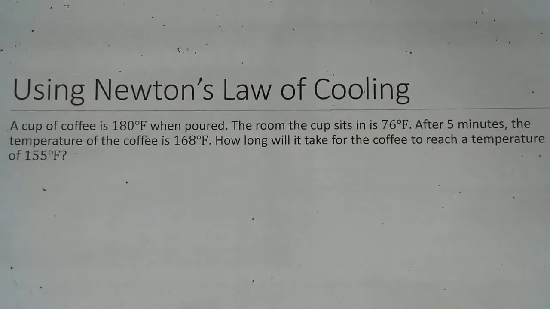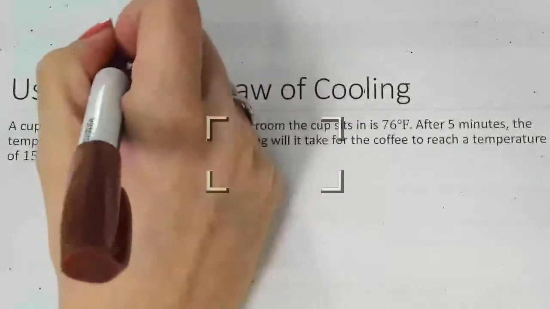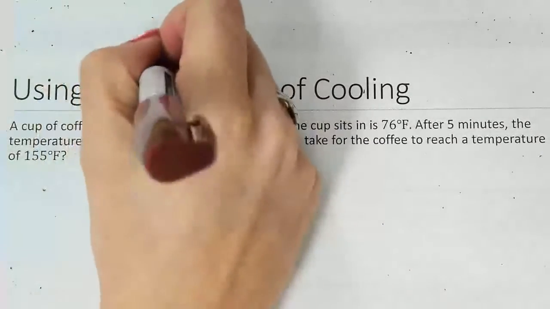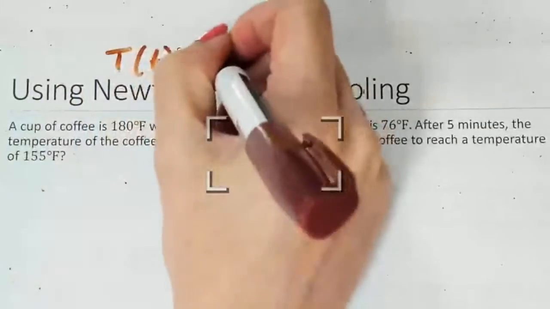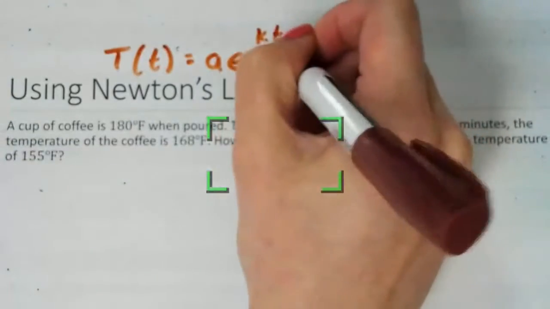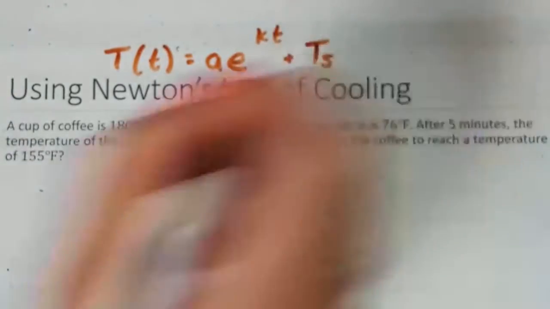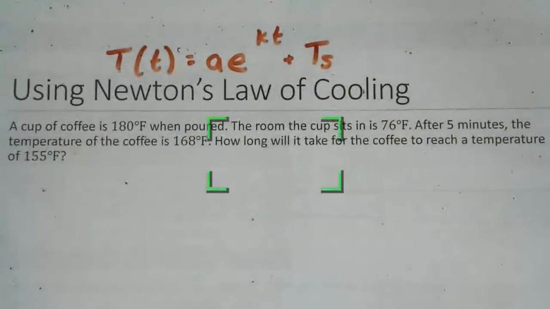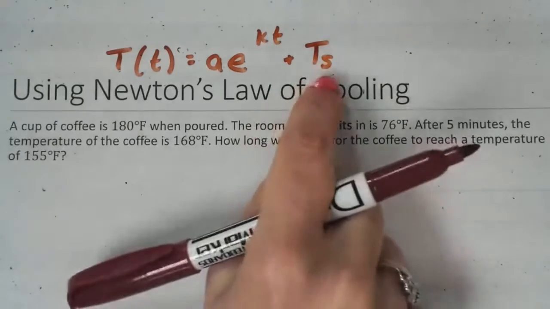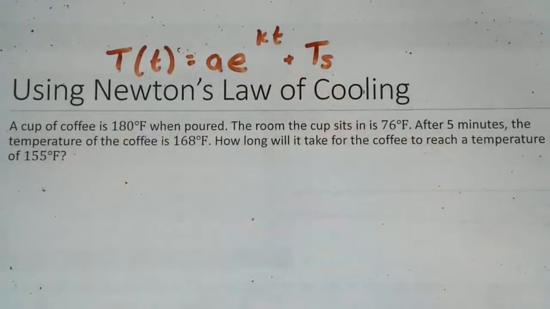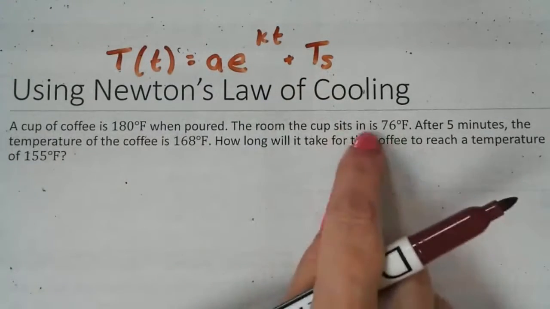I'm going to start by copying that formula over. Newton's law of cooling says T of t is equal to A e to the kt plus T sub S. So let's see what information we're being given. T sub S is the temperature of the surrounding room. That one we have.